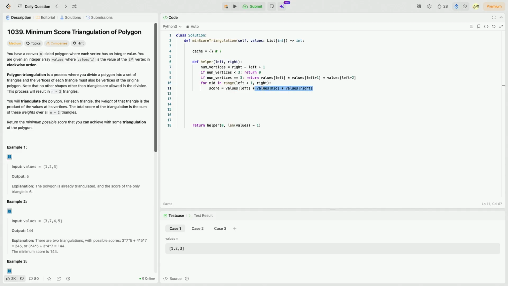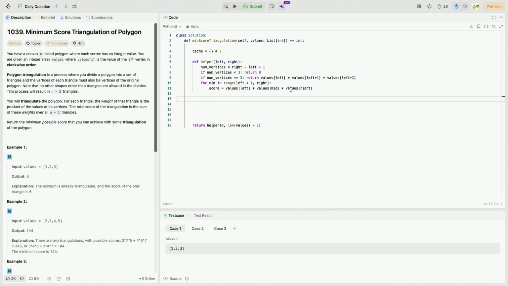So we create a new triangle, but now we have to take care of, let me think. Yeah, so if we enter our helper, we start with 2 vertices, the start and basically the end of our polygon in the vertices array. And now we pick the third. So we're forming a triangle while we do this.